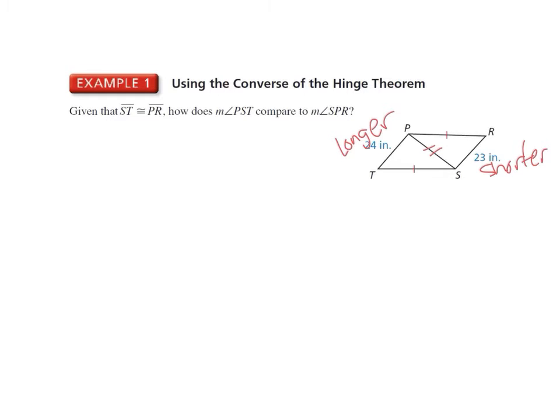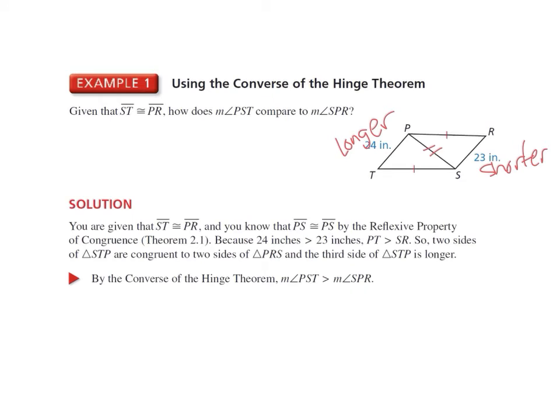And since angle PST is across from the longer side, and angle RPS is across from the shorter side, we can conclude that angle RPS is less than angle PST, or vice versa. Angle PST is greater than angle RPS. So by the converse of the Hinge theorem, measure of angle PST is greater than the measure of angle SPR.